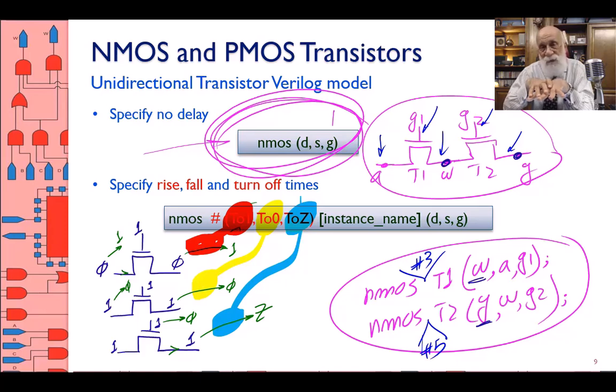They just sit there and look. And if some noise comes in and changes W, since this is the input of T2, T2 will see that and react to it, after the specified delay, which in this case is 5 nanoseconds.